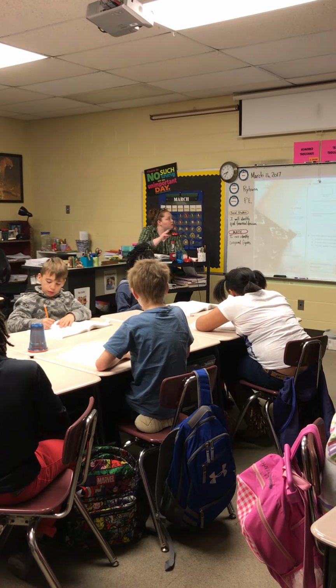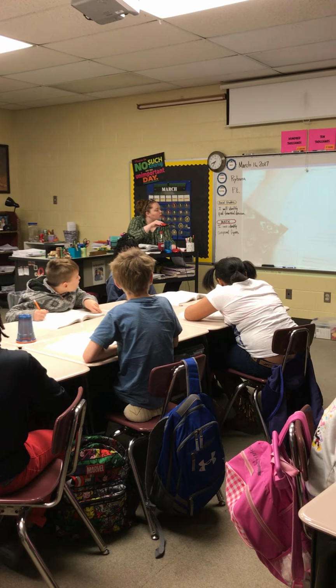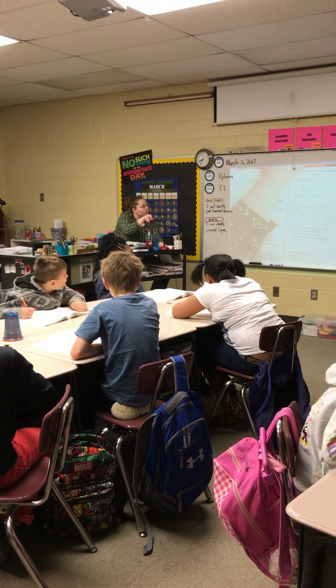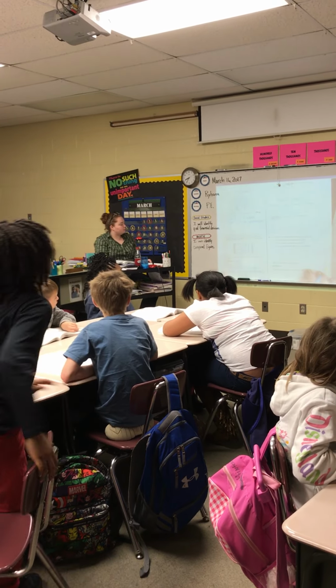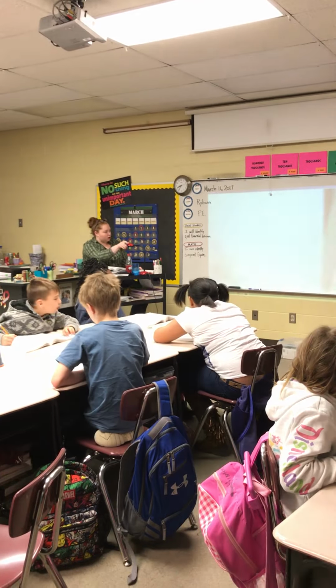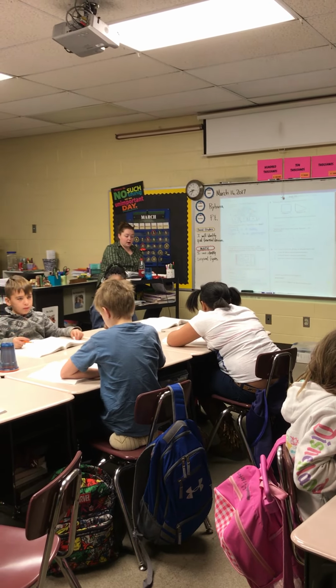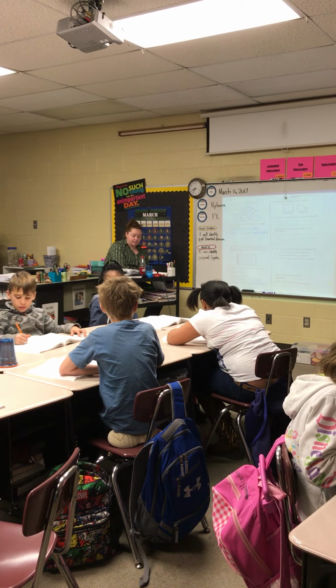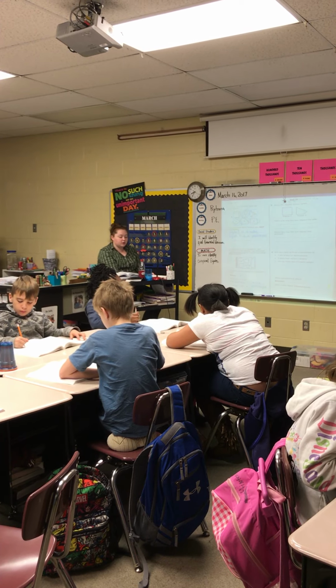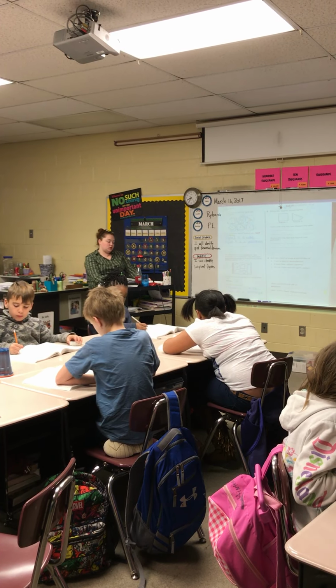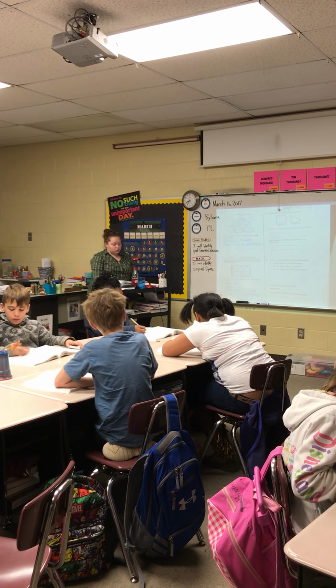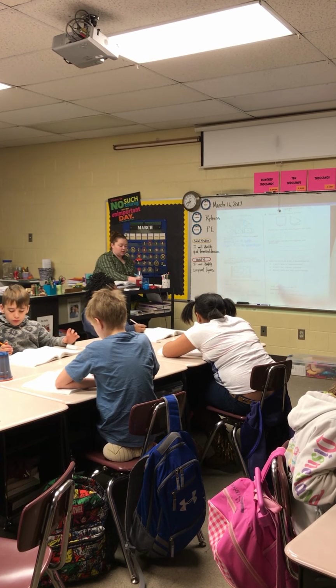Number 3. I'll make it bigger, guys. Study the figures shown below. Figure 1 looks like a square as I'm looking at it. Name one way the 2 figures are alike and name one way the 2 figures are different. So I'm going to go ahead and count the sides on each figure.